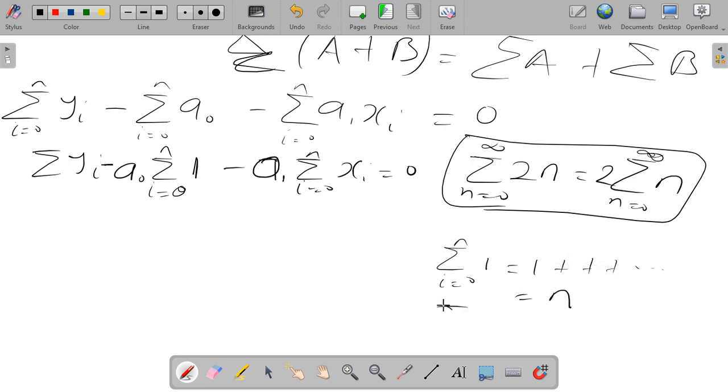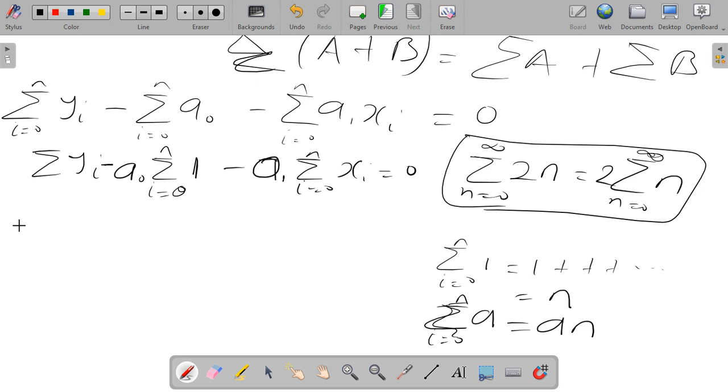The summation of any constant is simply that constant times n. If it starts from 0 to n, you just attach n to it. So the summation of 1 is n, because it's repeated up to n times.